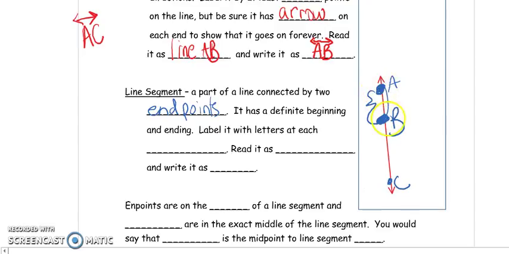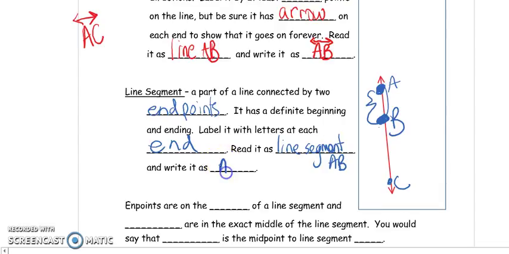So a line segment is, you label it with letters at each end, like I did here, and here A and B, that's part of that line segment, and I would read it as line segment AB.